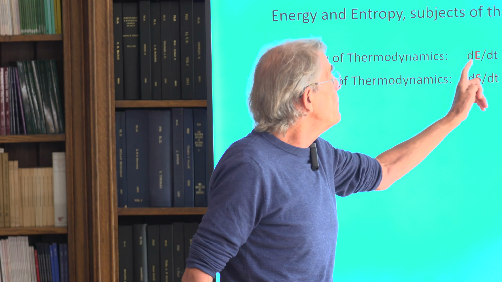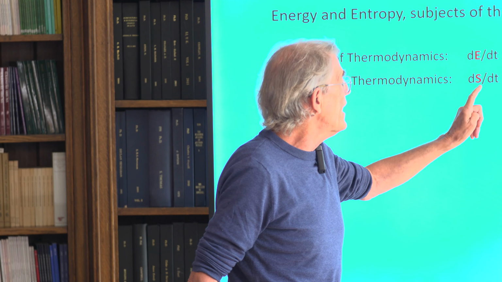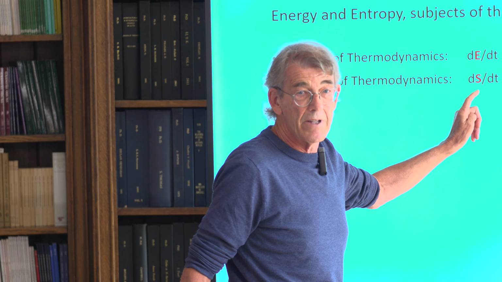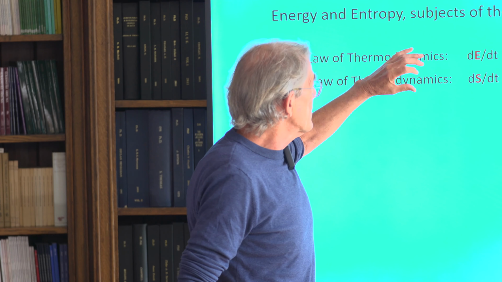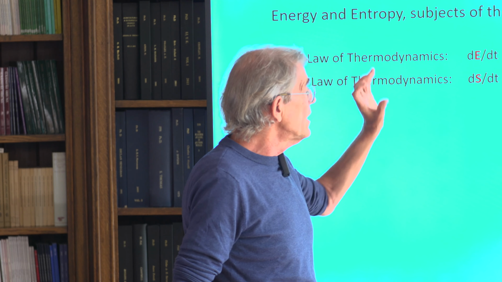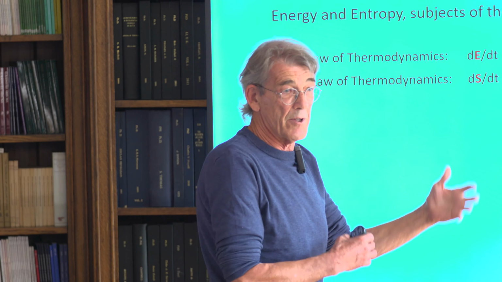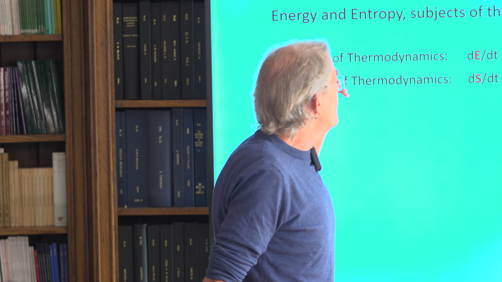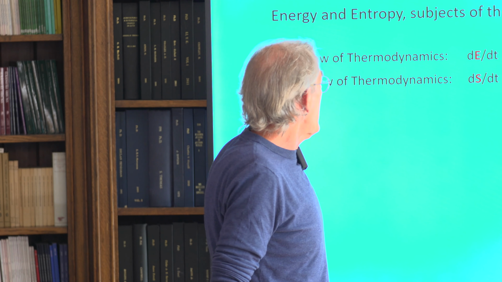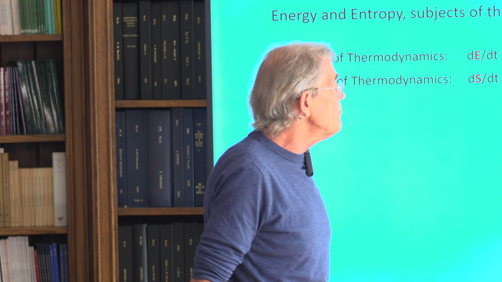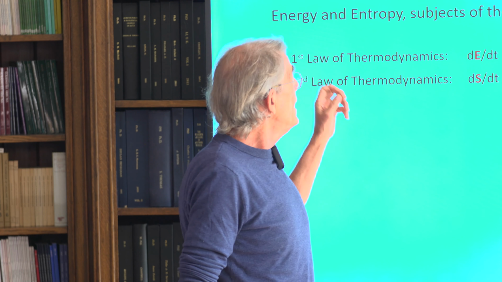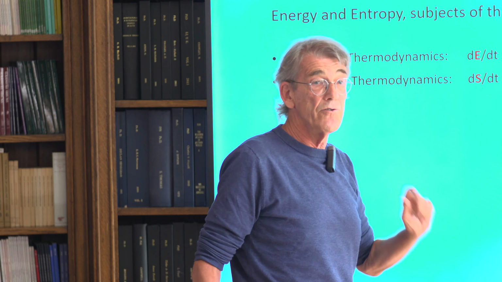Here, in the formulas, dE is the energy and S is the entropy. And they both talk about the flow of that during time. dt means time. So which change happens with energy in time in a closed system. And the first law says there is no change.